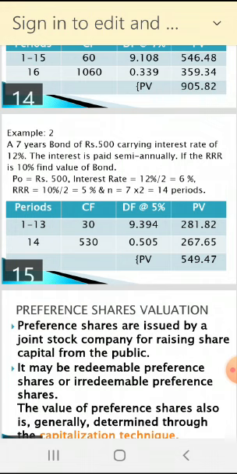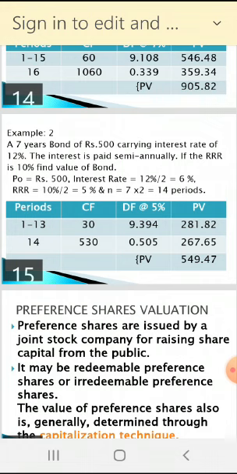Because we have divided the interest rate and the required rate of return. Required rate of return 10% divided by 2 is equal to 5%. And life is 7 years. Multiply by 2 is equal to 14 periods. In the last example, 16 periods. And here it is 14 periods.